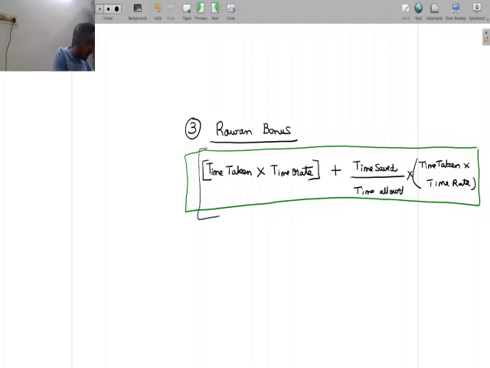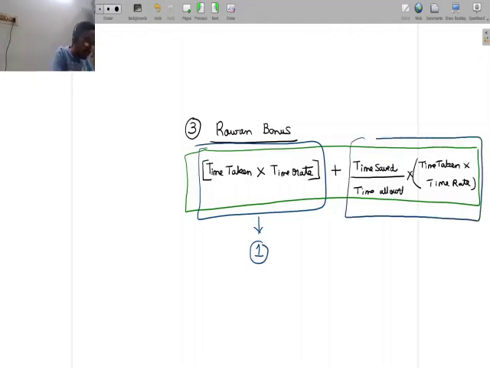I'm going to call this entire one thing the first component, and this entire second thing the second component. If you look at the first component, time taken into time rate, this is basically a time rate system. So we have that in Rowan bonus to tell us that the minimum payment that any worker must get will be the wages he will be eligible for if you use the time rate system.